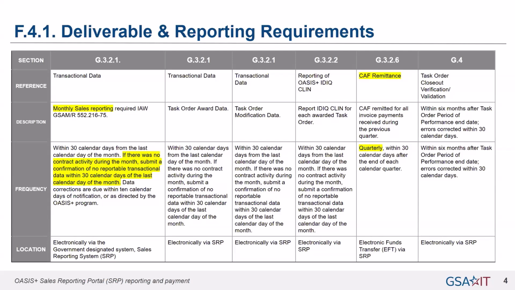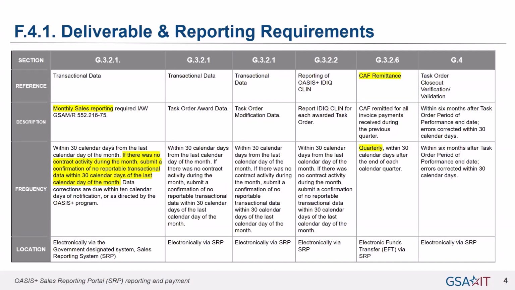If you have a task order awarded to your OASIS Plus contract, that task order needs to be reported on within 30 days at the end of every single month. If there are no sales for that task order, then of course it's a $0 report that you must enter. And if you have no task orders for the contract, then there are no reporting requirements for the OASIS Plus contract.